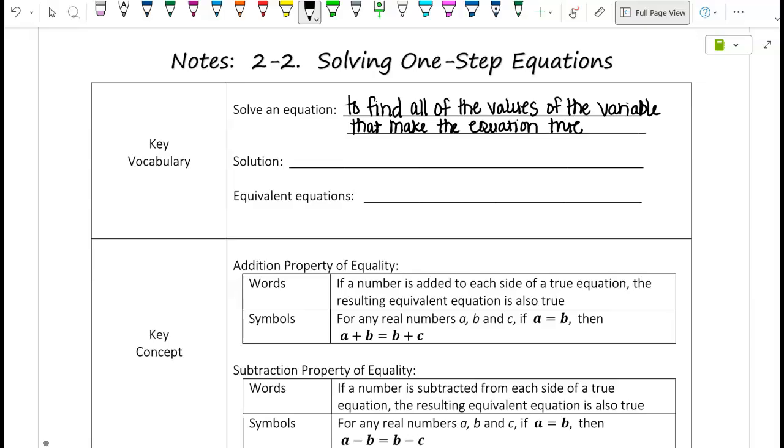Solution, the value that makes an equation true. And equivalent equations are equations that have the same solution.